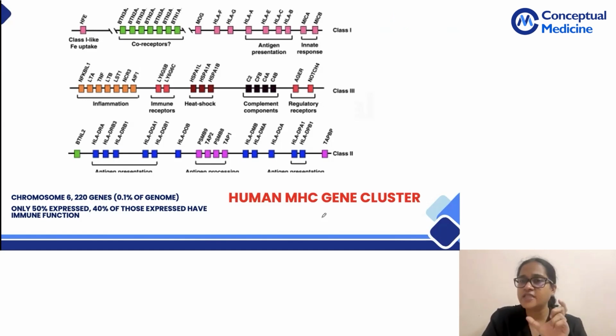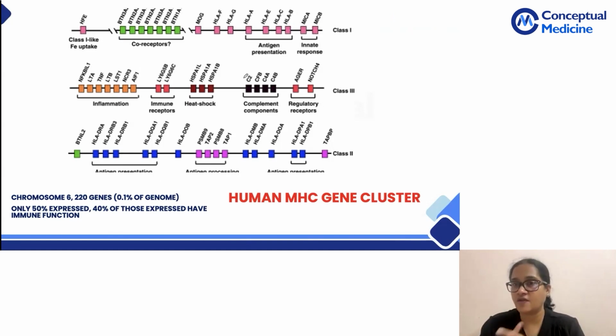Why is this particular group of genes so important? If you're an identical twin, then even this part of your genome is the same. But if you are anybody else, this has so much variability that no two individuals in the world can be an identical match.